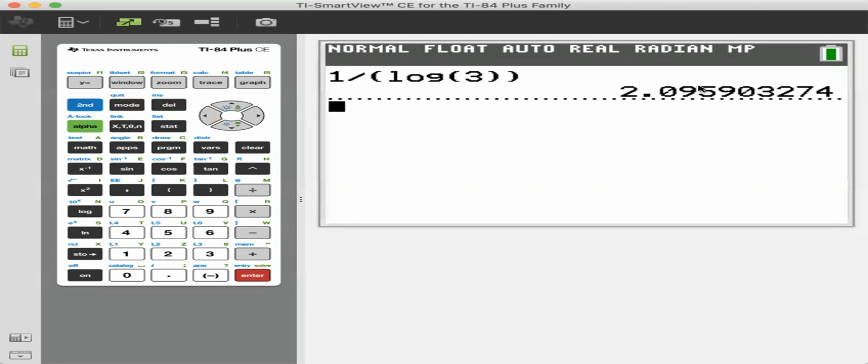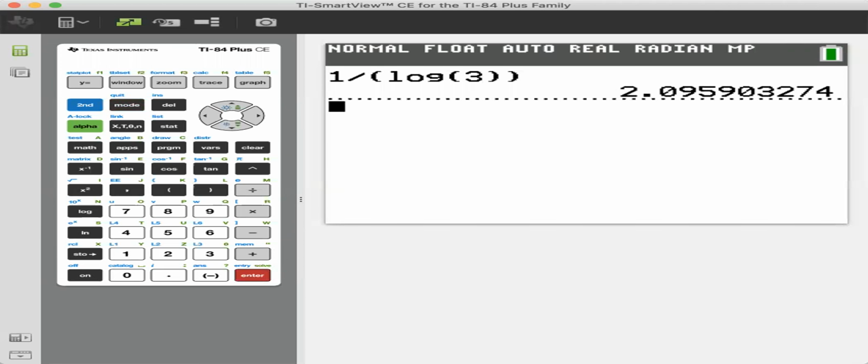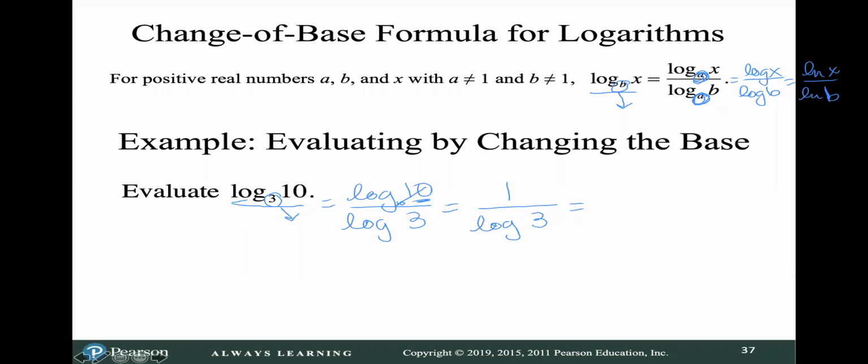And then we will find that our value here is 2.0959. Always rounding to 3 decimal places in this class is 2.096. So looking back at our original problem, we have that 1 divided by log of 3 is approximately 2.096.